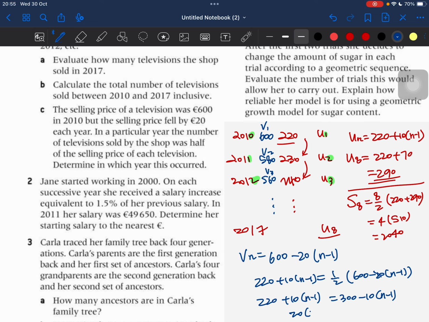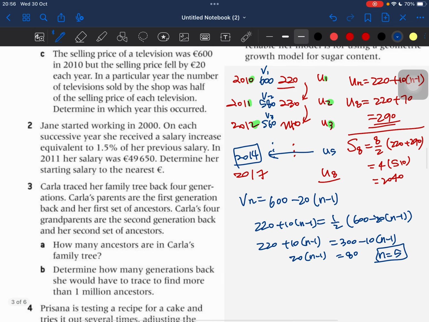So 20 times n minus 1 becomes 80. So n is 5. When n is 5, which is U5, the year is 2014. So in 2014, the number of televisions sold was half of the selling price of each television.